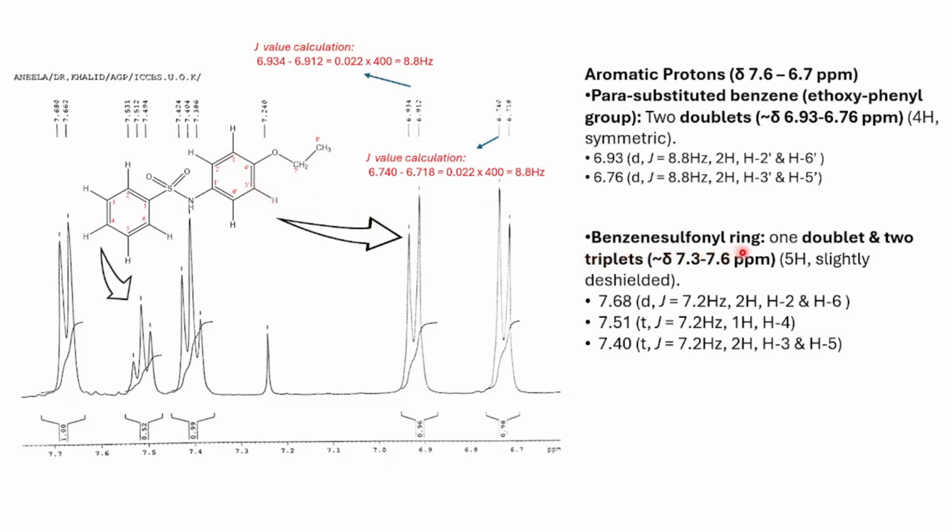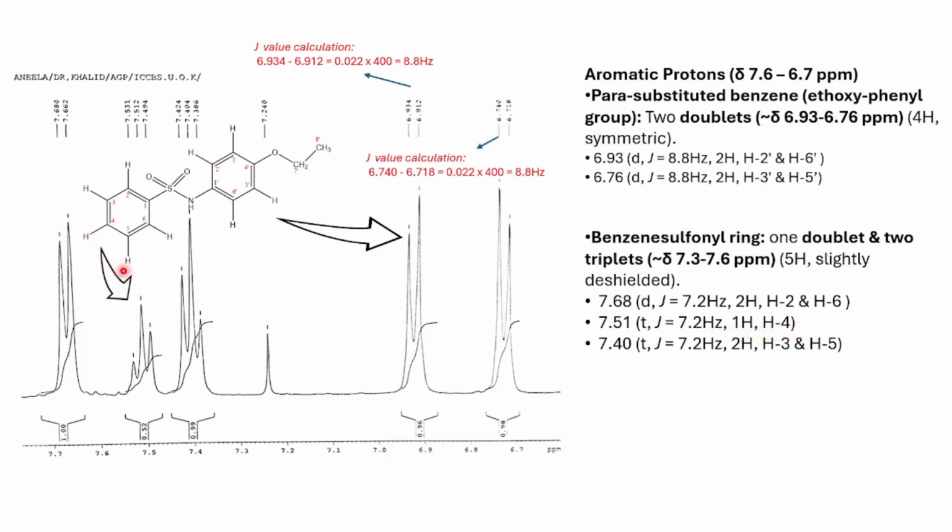Benzene sulfonyl ring: one doublet and two triplets, five protons slightly deshielded. Due to the sulfonyl group, the protons are deshielded and appear at 7.68 as a doublet, J value 7.2 Hertz, 2 protons, H2 and H6. Here's the 2 protons H2 and H6. Due to ortho coupling, the J value appears at 7.2 Hertz. Another triplet appears at 7.51, J value 7.2 Hertz, 1 proton, H4.